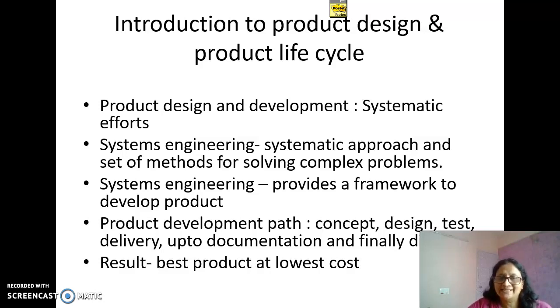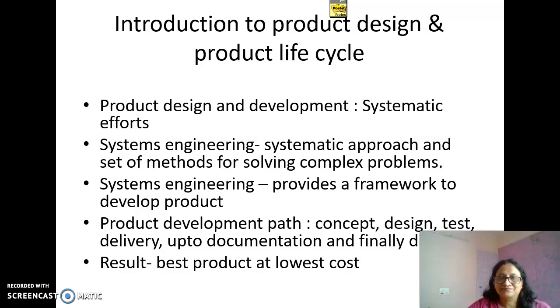So basically this systems engineering provides a generalized framework to develop the product, and the path of this systems engineering includes concept development, design, testing, delivery, documentation, and finally disposal of the product. So following the path of electronic product development leads to the best product at lowest cost.